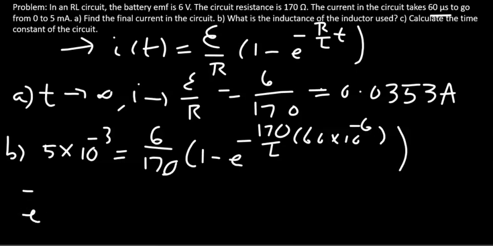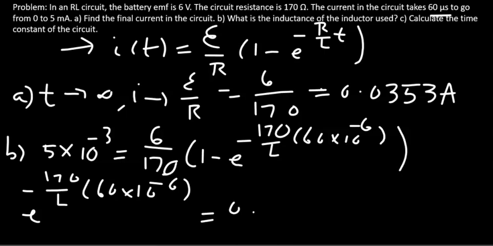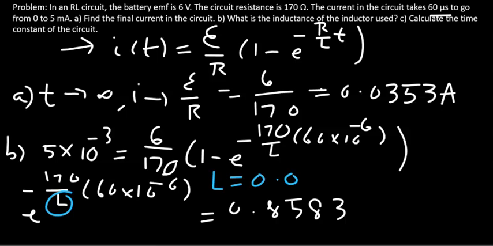e to the power minus 170 over L times 60 times 10 to the power minus 6 to be 0.8583. And by taking the logarithm of both sides, we can solve for the value of inductance. And when you do that, you get the following number, 0.0667 Henry.